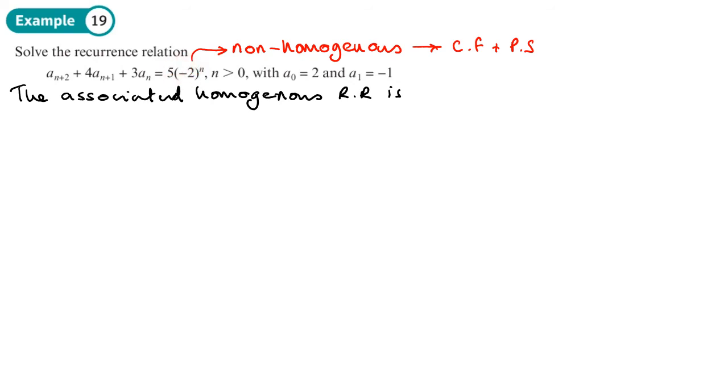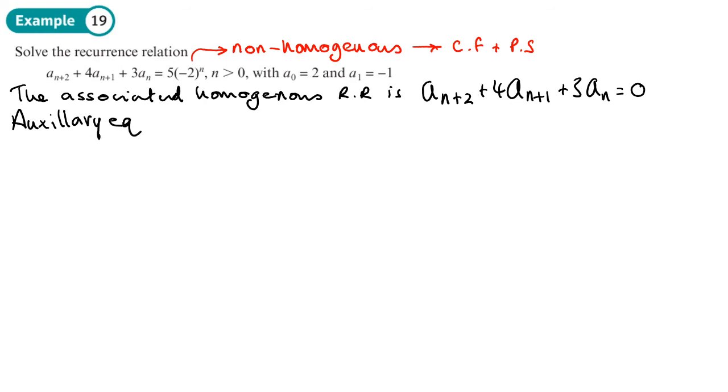Okay, so if we make g of n equal to 0, then we have an plus 2 plus 4an plus 1 plus 3an equals 0. Now if we want to find the auxiliary equation, which will be the next thing to do, we need to have the associated homogeneous recurrence relation written in the right form.